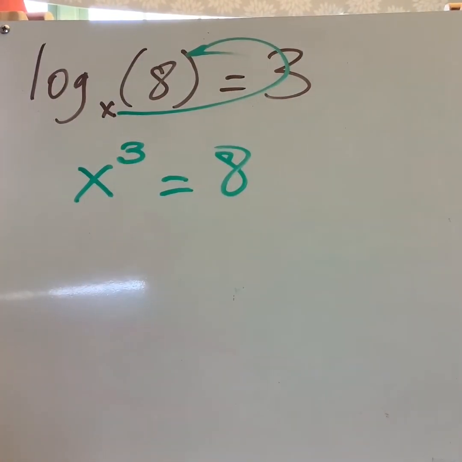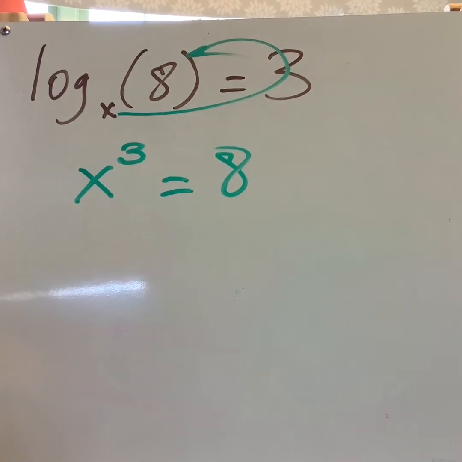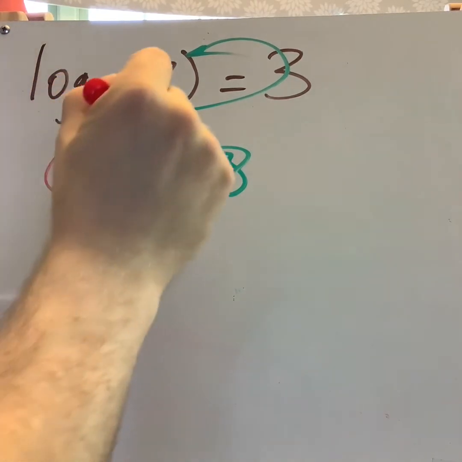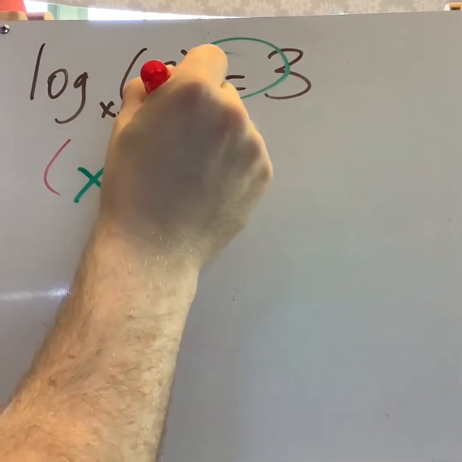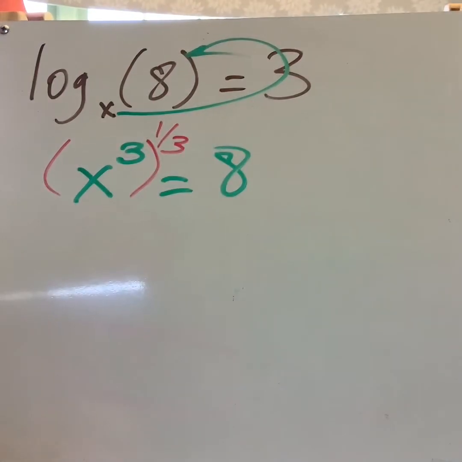Okay. Now, how did we solve these equations when we had a variable raised to an exponent? If you remember, what we did was we raised both sides to the reciprocal exponent. The reciprocal of 3 is 1/3. So we raise both sides to the power of 1/3.